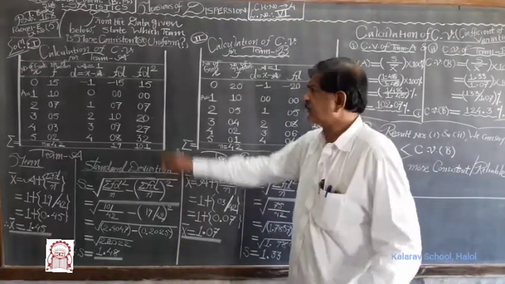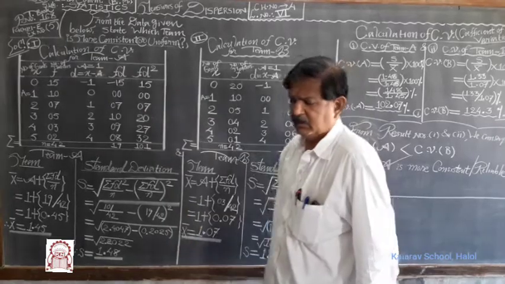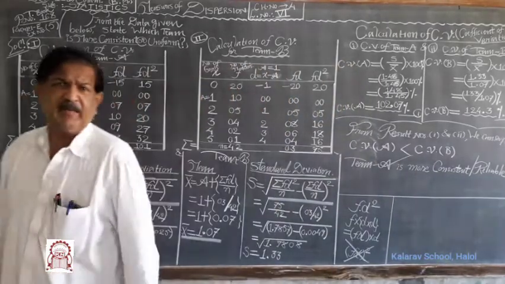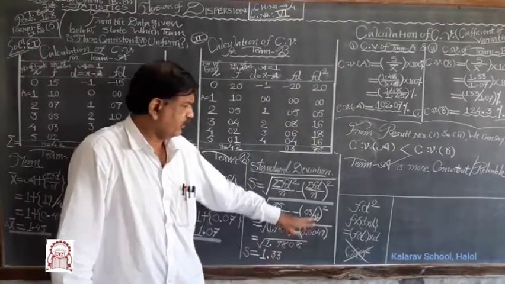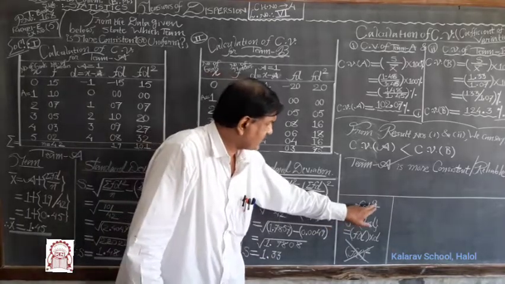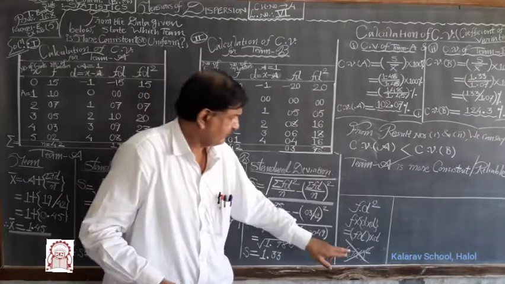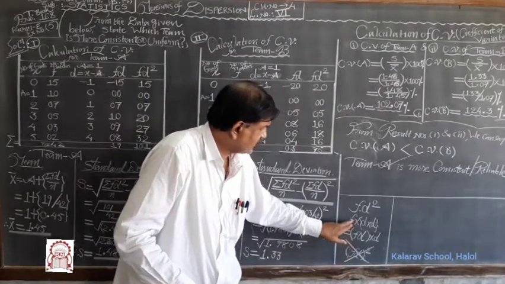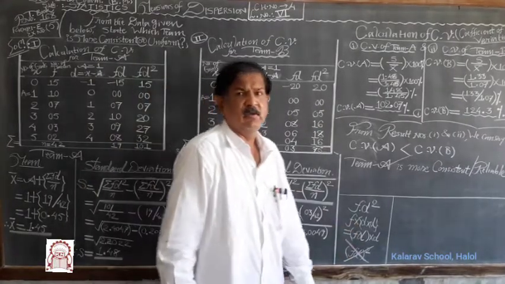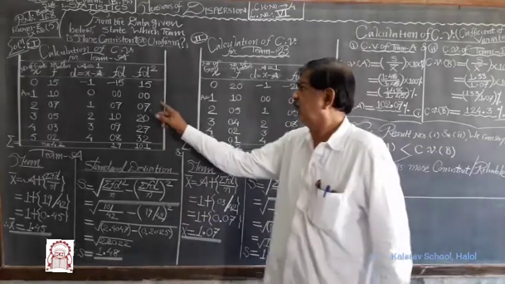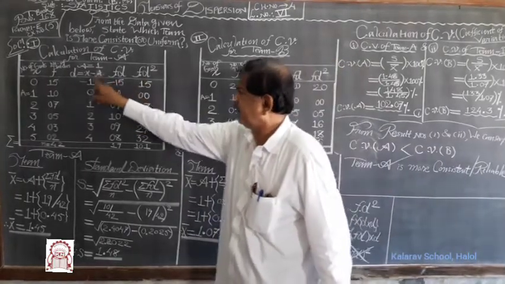Now in the table, the last column, fd square. Try to understand f into d square, this type of calculation. F multiplied by d square, square of d only and not the whole square. In order to calculate this one, fd should be multiplied again with d.